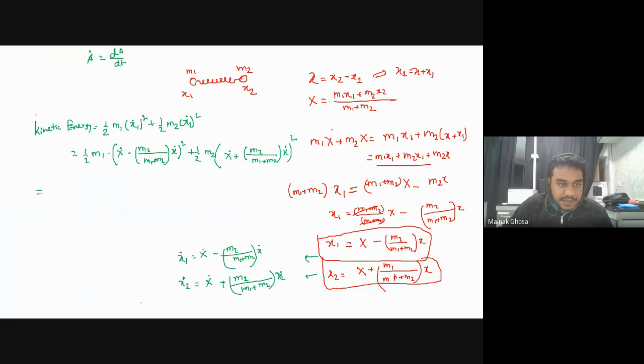If you simplify this, I am not doing all the steps. You have to square it up, and then you will see that some terms cancel out because of m1 and m2. Don't be confused with m1 and m2. This is m1.